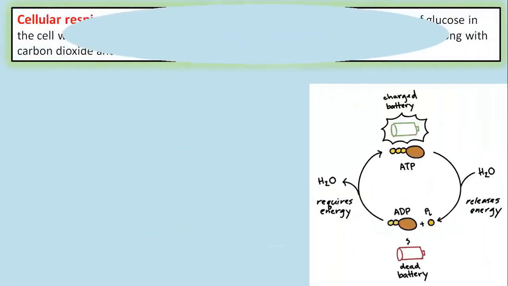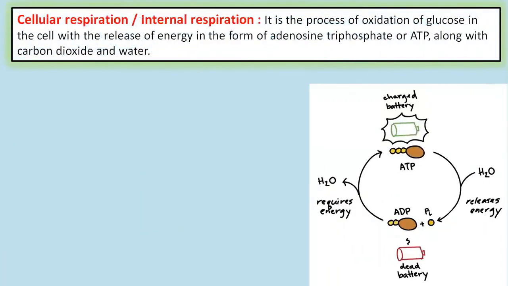In other words, we can say that it is the process of oxidation of glucose in the cell with the release of energy in the form of adenosine triphosphate or ATP, along with carbon dioxide and water. Now over here, you can see that I have mentioned a word, adenosine triphosphate. What does that mean?